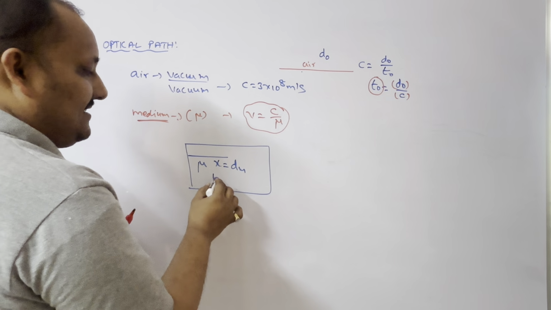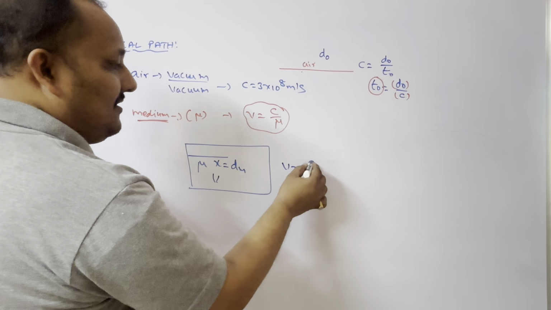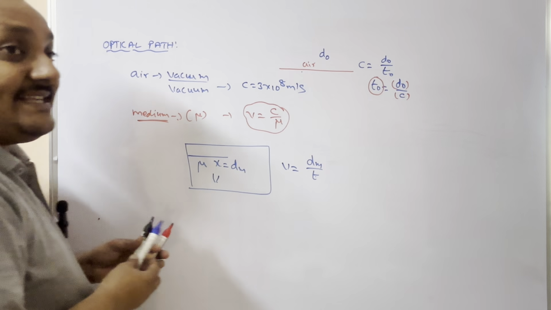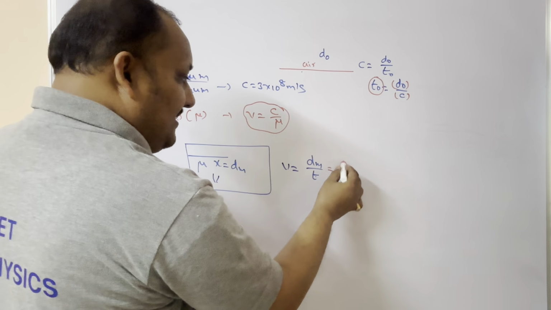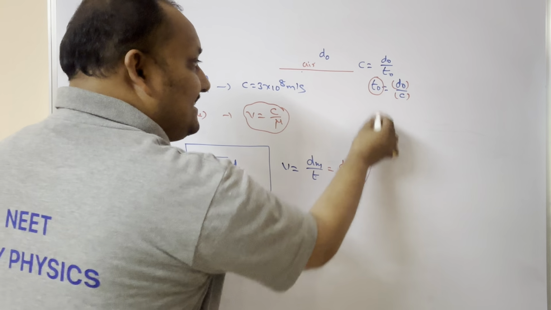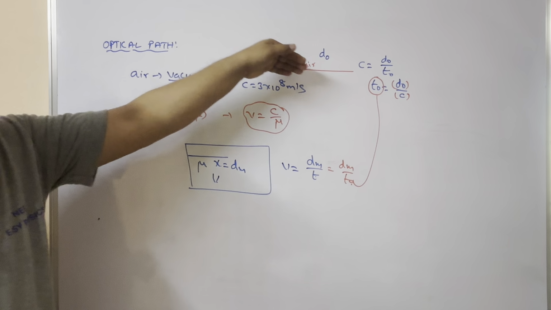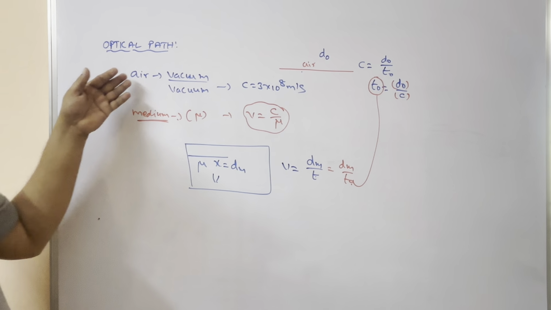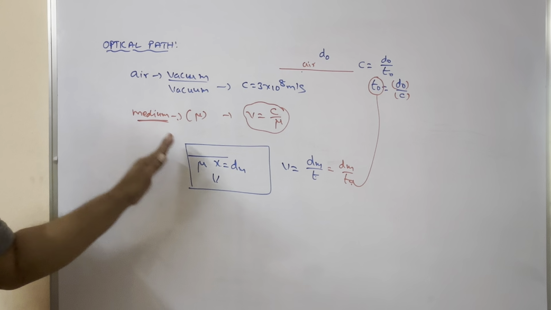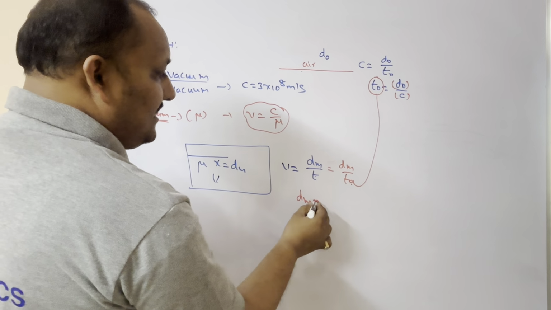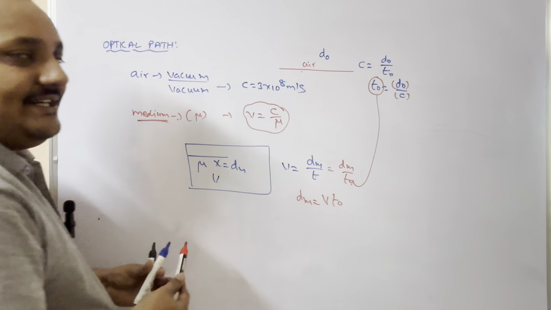Again, what is the velocity in the medium? So v is equal to distance by time, and this time and this time should be the same. Therefore, we can write this t as t naught. In the same time that it takes in vacuum, we are going to take in the medium. Then dm is equal to v t naught.